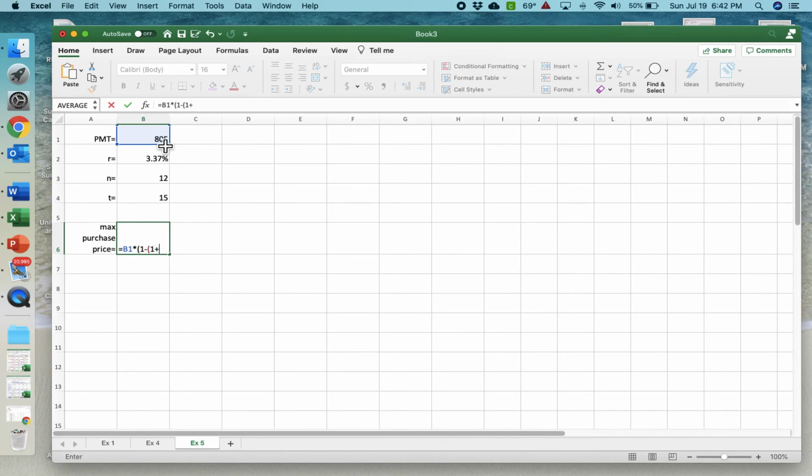So close the 1 plus R over N, raise it to the negative N times T in parentheses.